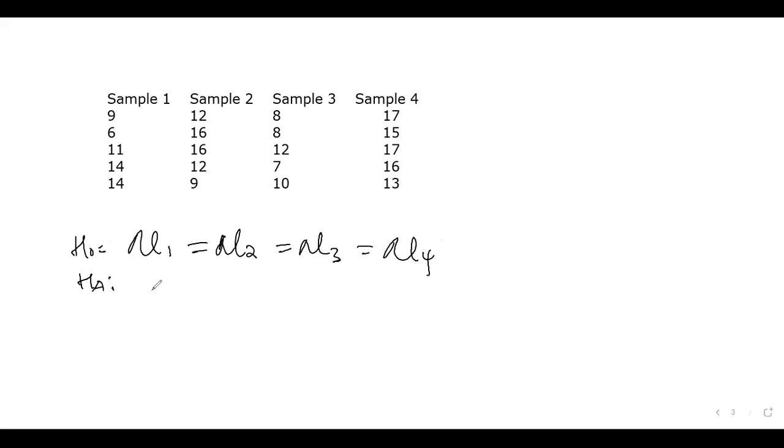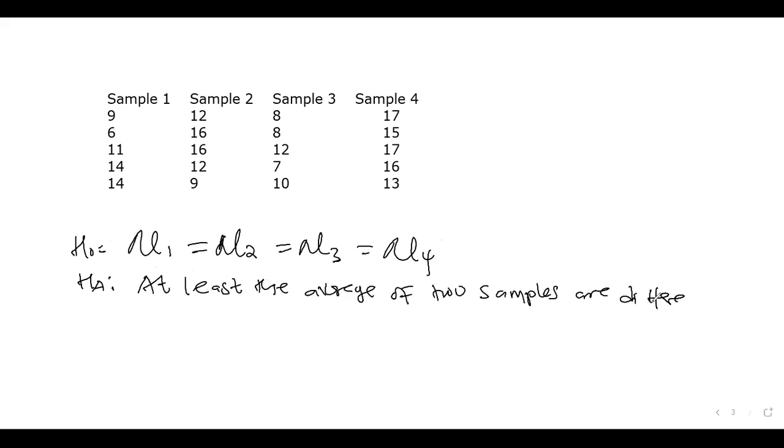Then the alternative hypothesis is that at least the averages of 2 samples are different, okay? So that is going to be the alternative hypothesis.